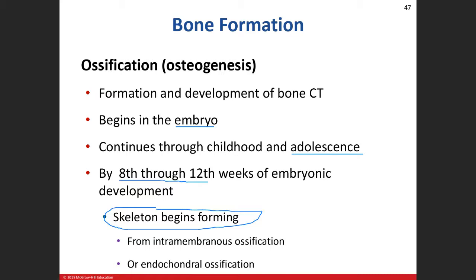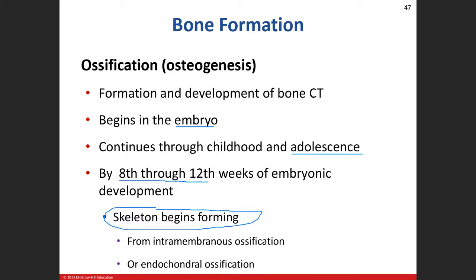So you started off with a hyaline skeleton, a hyaline cartilage skeleton. So your skeleton was made up of hyaline cartilage. And now we're going to transform that skeleton into bone. And that process is called ossification. This starts in the 8th week of development through the 12th week. And it continues for a long period of time. And there's a possibility that some of you are still undergoing this process.